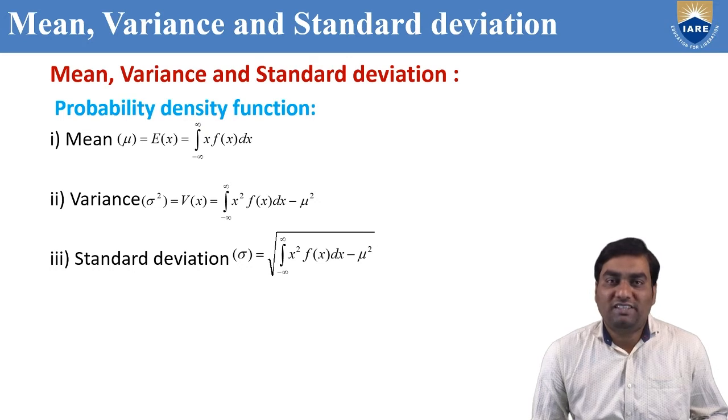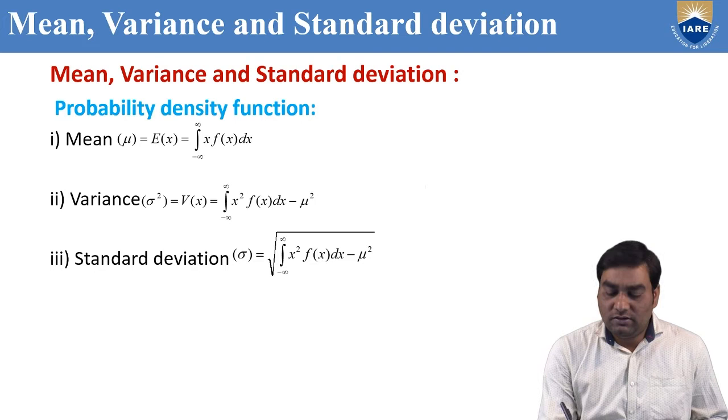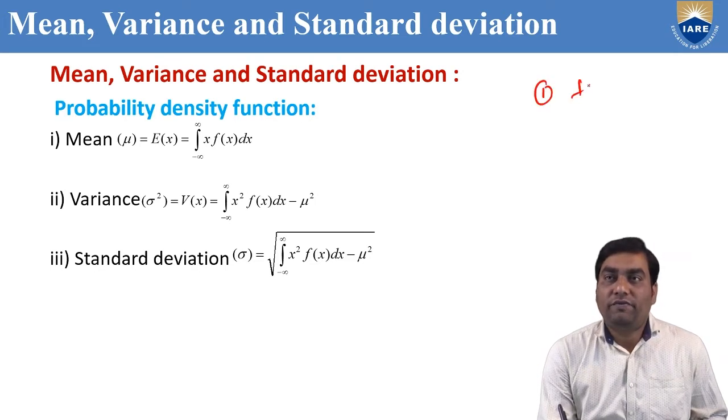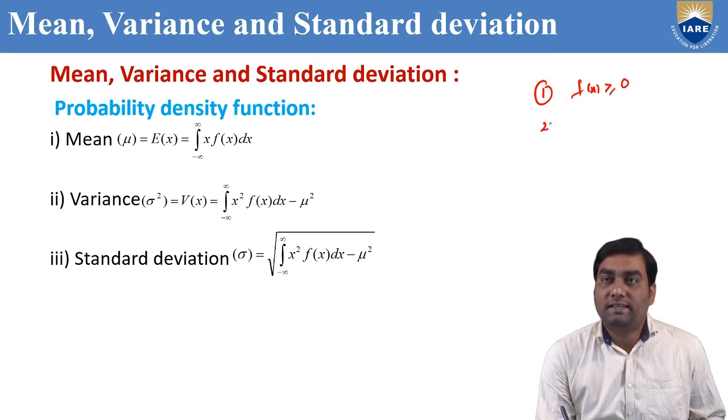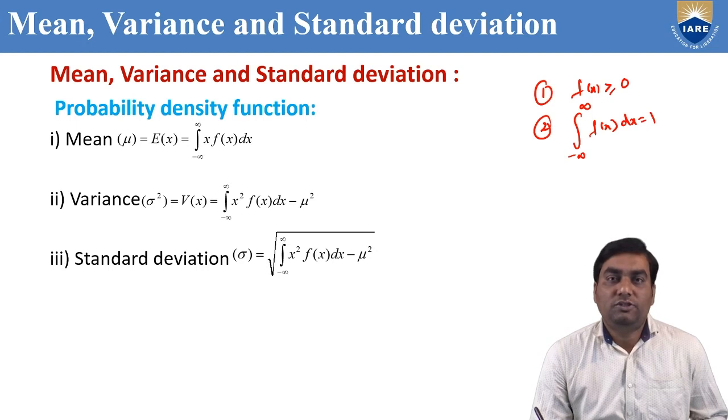I told you in the previous sessions, if two conditions are satisfied: first, f of x is greater than or equal to 0; and second, the integration from minus infinity to infinity of f of x dx equals 1. If these two conditions are satisfied, then we can call f of x a probability density function.